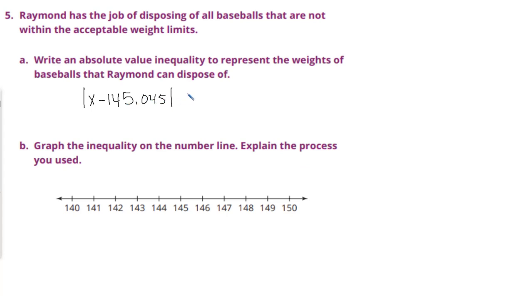He's looking for the balls that weigh less than 3.295 away. What that means is we already know the two endpoints: this is at 141.75, and this is at 148.34.